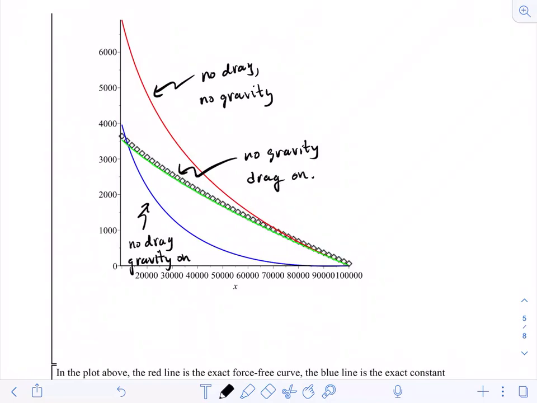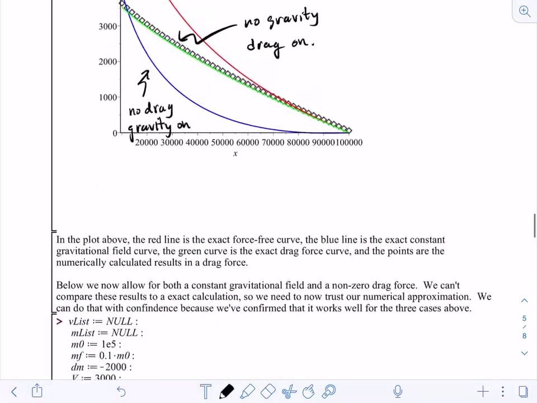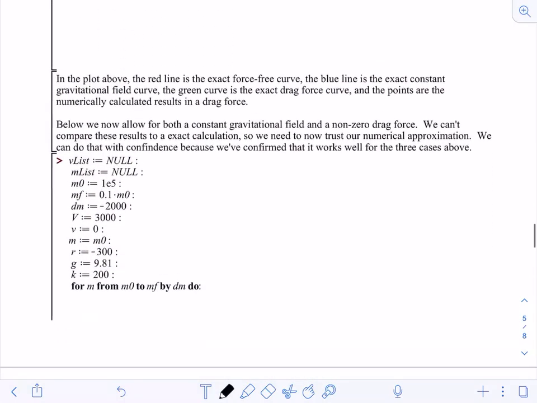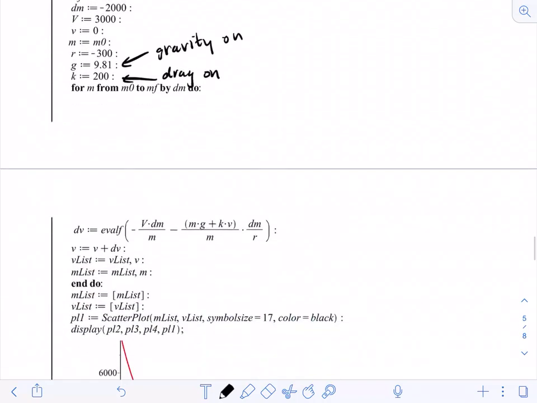And so, of course, the last thing to do is to turn on gravity and to turn on drag. We run the identical simulation, but this time we can't compare it to an exact solution because we don't have one.